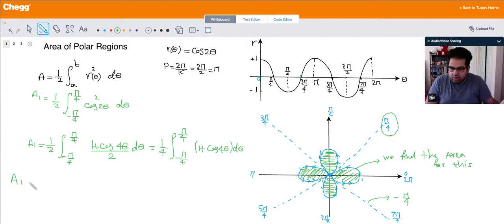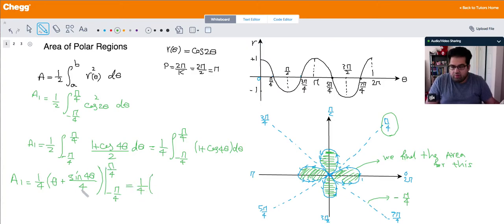Okay, so A1 is going to be 1/4 times theta, and then the integral of cosine 4 theta is going to be sine 4 theta divided by 4, and then we go from negative pi over 4 to pi over 4. So if I substitute, I get 1/4.